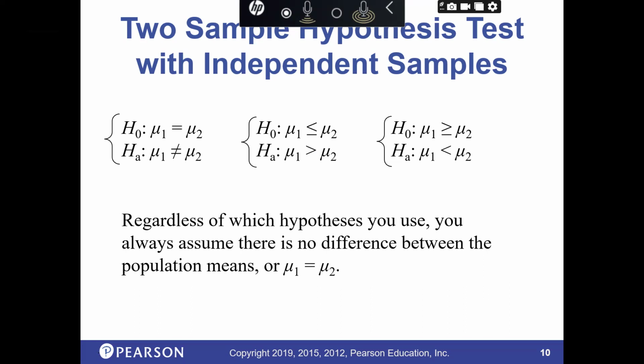Those would be the three options we have. And you will also have to put a claim in there somewhere. Sometimes it's the null hypothesis, sometimes it's the alternative hypothesis.